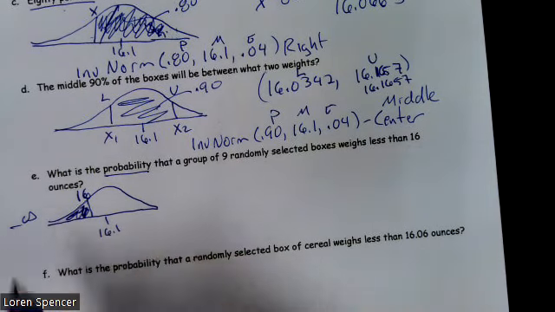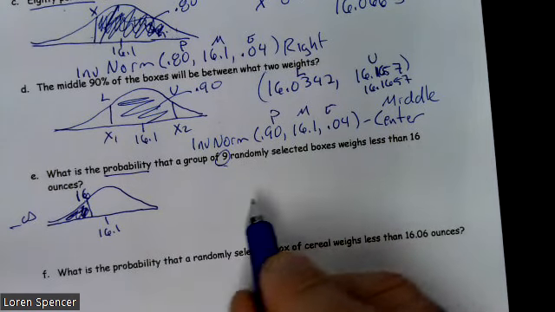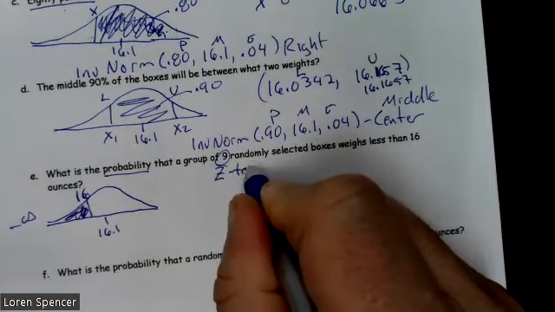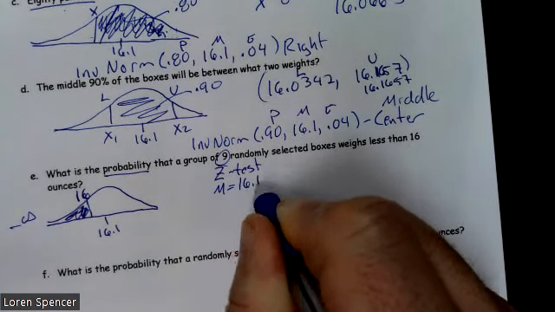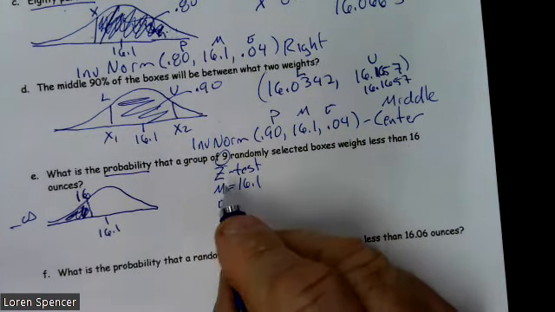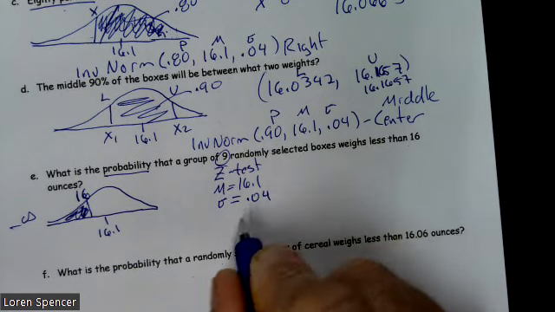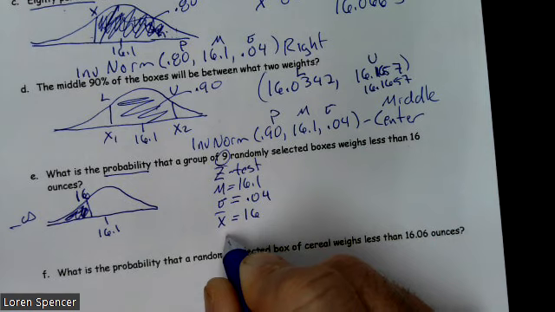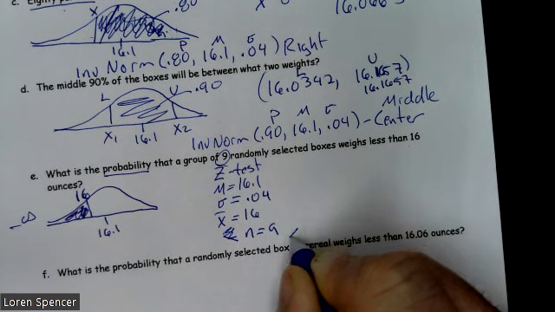The fact that I have 9 tells me I'm working with a z-test because I'm not working with just one. The mean is going to be 16.1. The standard deviation is still the 0.04 that we've been working with. It's going to ask you for the X bar, which is 16, your sample size, which is 9, and then the direction of your shading.